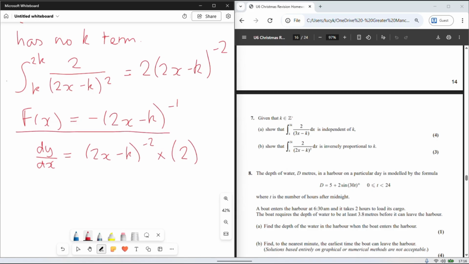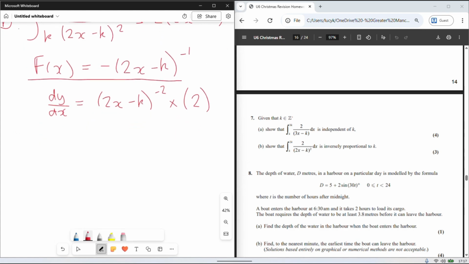So now let's put our limits in there. I'm going to end up with minus, again I might keep the minus on the outside for now, just to make my brain a bit happier. 2x minus k to the power of minus 1, you can write it as a fraction if you wanted to, and that is with limits of 2k and k.